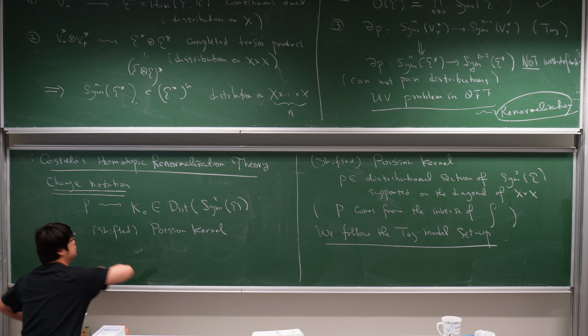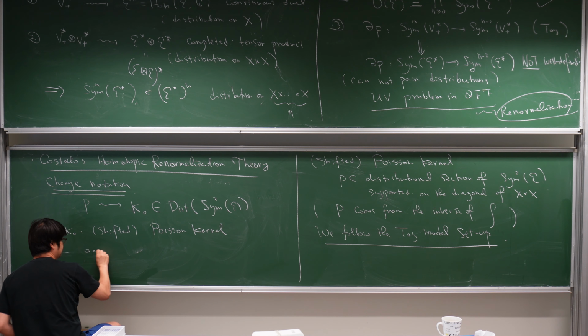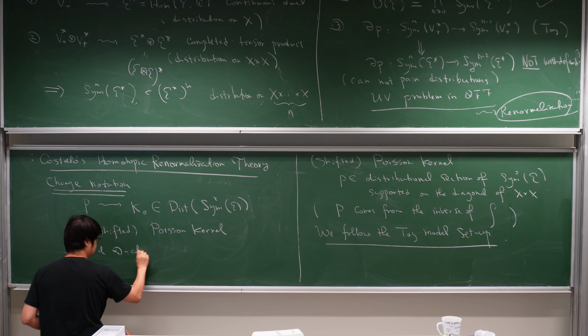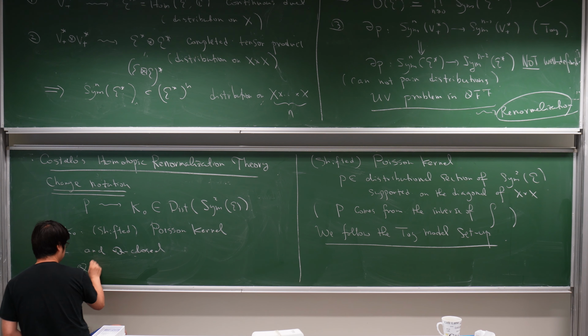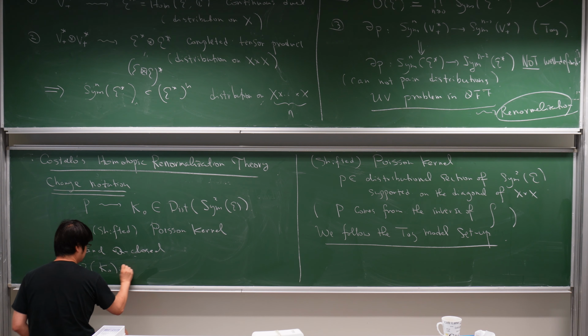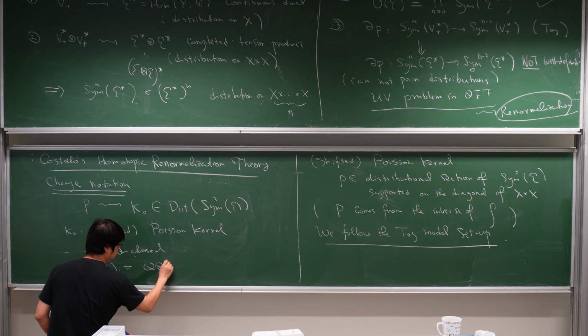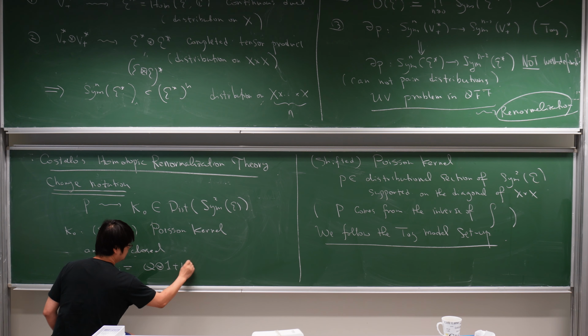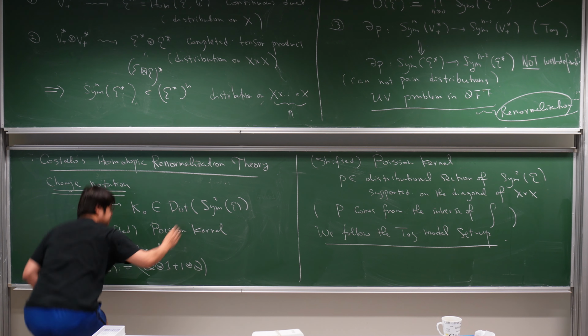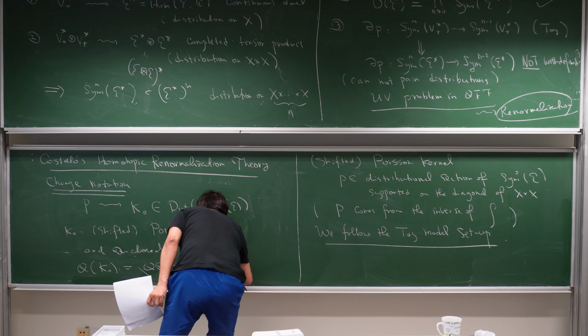And this one is compatible with our differential Q. So this means Q applied to K naught, the definition is Q tensor 1 plus 1 tensor Q applied to this two-tensor is 0.